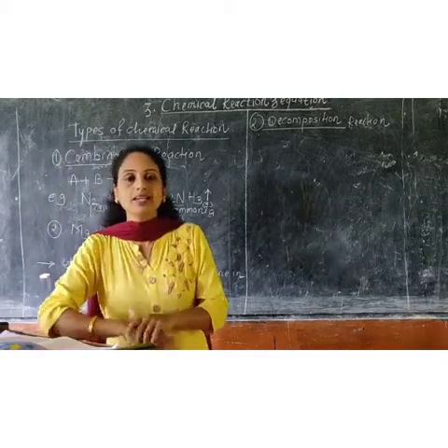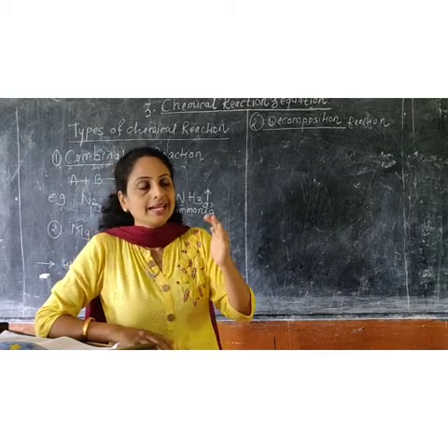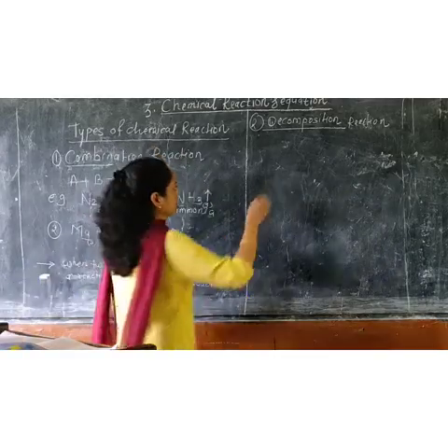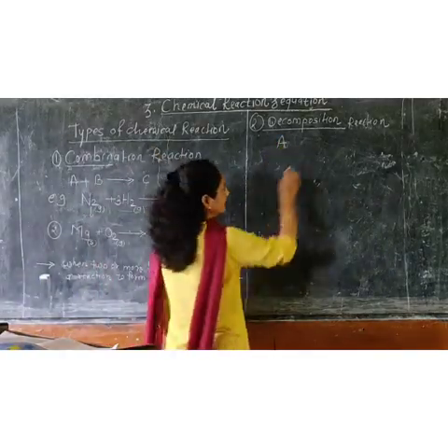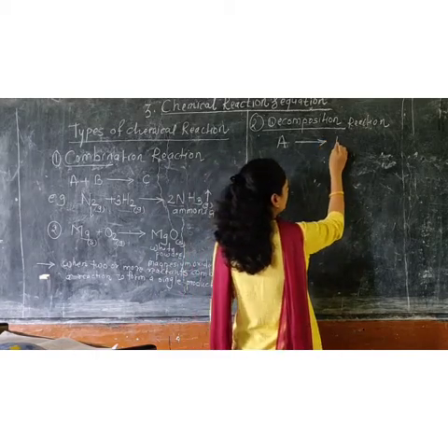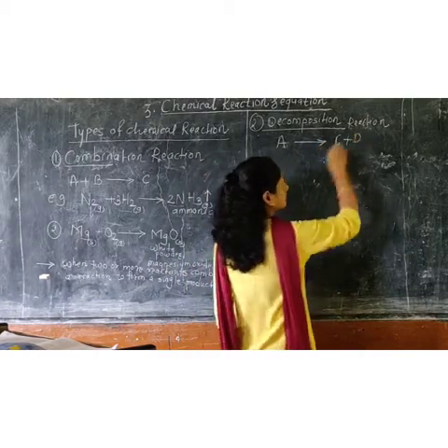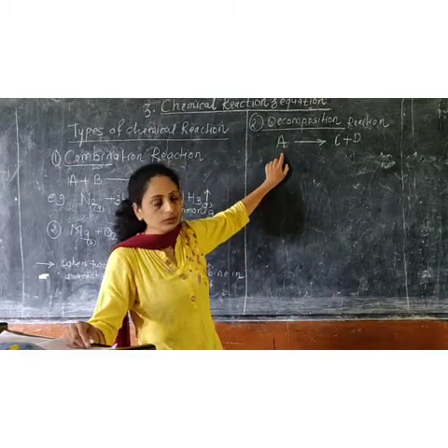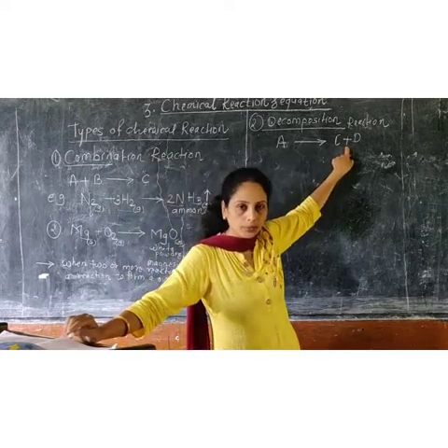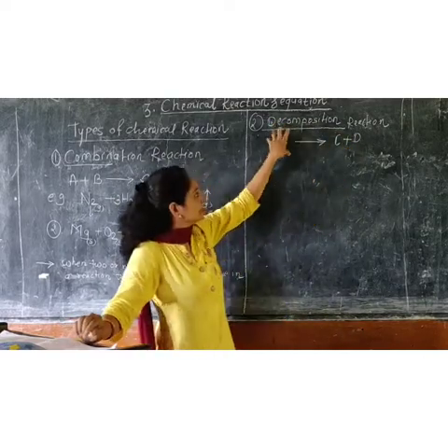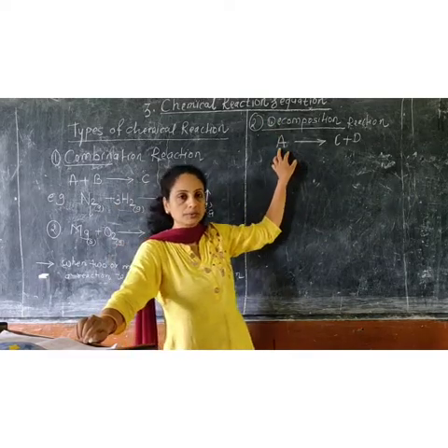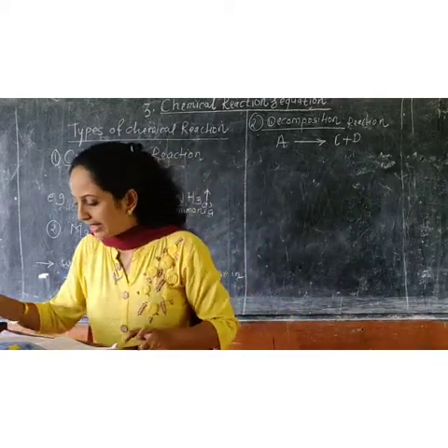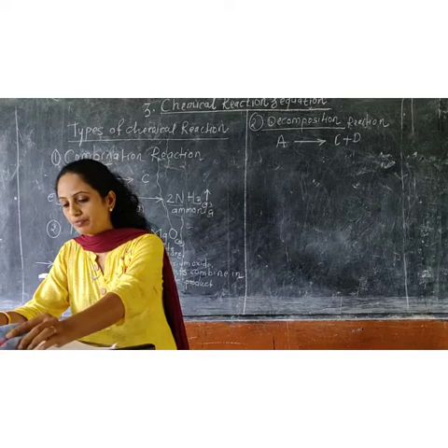When a single reactant is broken down to form two or more products. Suppose A is the reactant that is broken down to form two products, C plus D. A single reactant gets decomposed to form two or more products, and that is called a decomposition reaction.